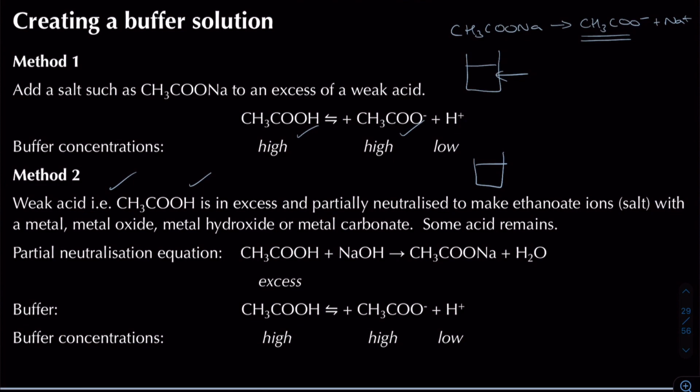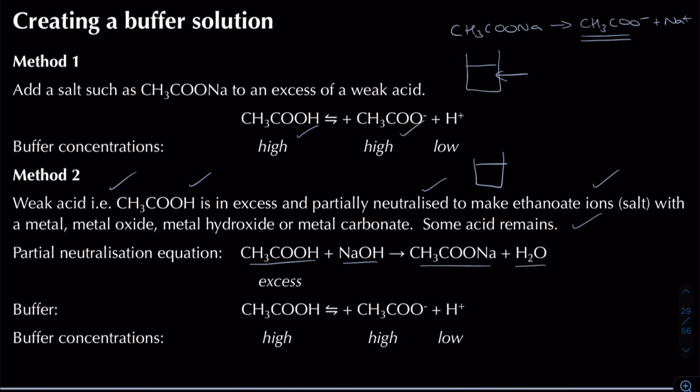So what we say is that the excess weak acid itself is going to be partially neutralized to make ethanoate ions, which is going to be our salt, with either a metal oxide, metal hydroxide, or a metal carbonate. But the key part here is that some acid actually remains. And so you can see in our first equation over here, we end up with the partial neutralization of ethanoic acid reacting with sodium hydroxide, and we end up making our salt, our conjugate base, which is going to be sodium ethanoate, and then we make water as well.